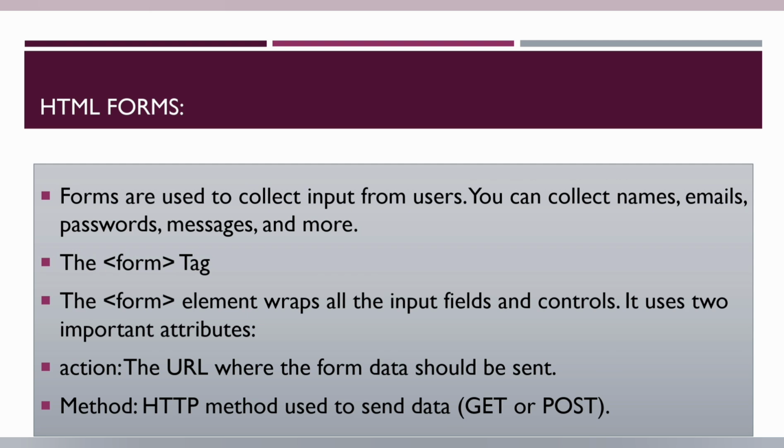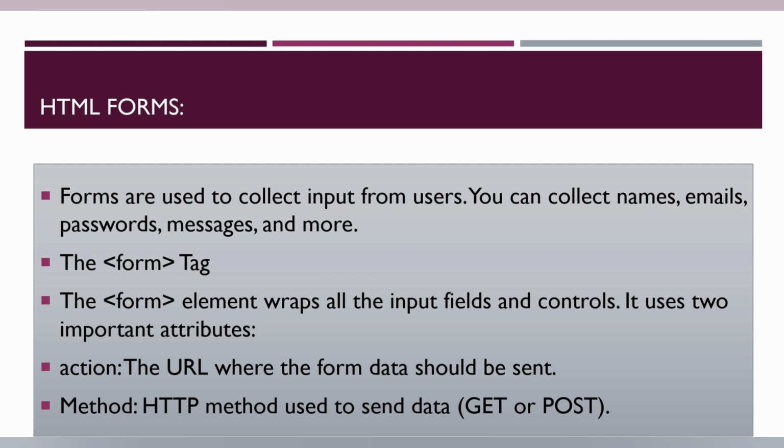By using this tag, form, the form element wraps all the input fields and controls. It uses two important attributes: action, the URL where the form data should be sent, then method, the HTTP method used to send data, get or post.